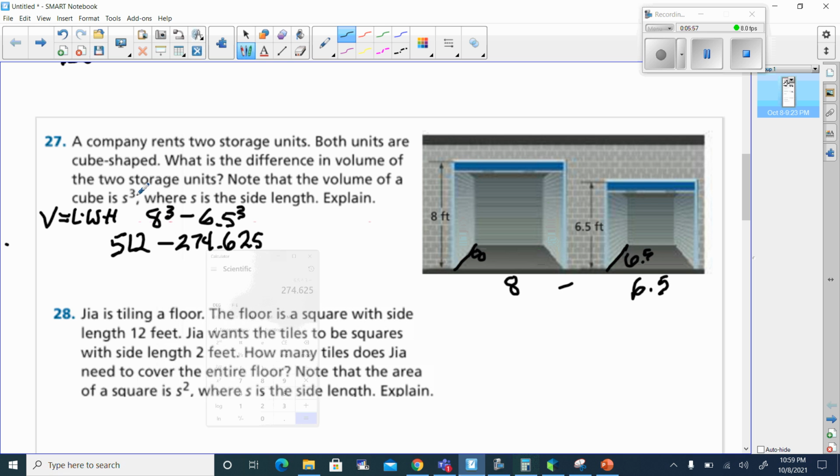So I know I got the right answer there. Now I have to subtract these numbers. So I've got to take 512 and minus 274.625. Remember, you have to line up those decimals.